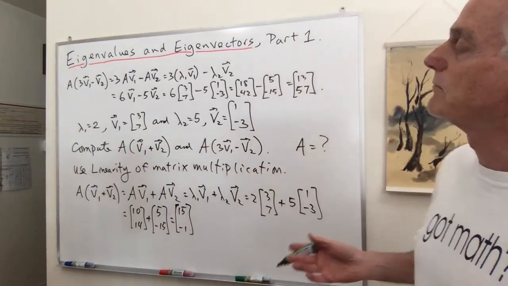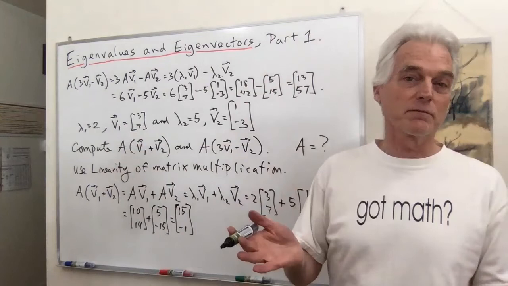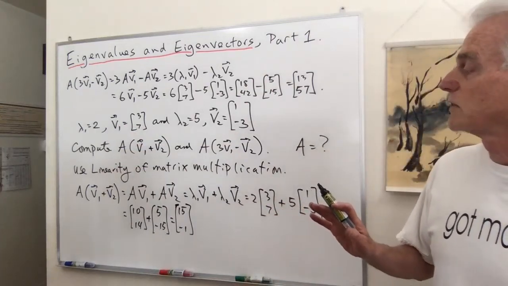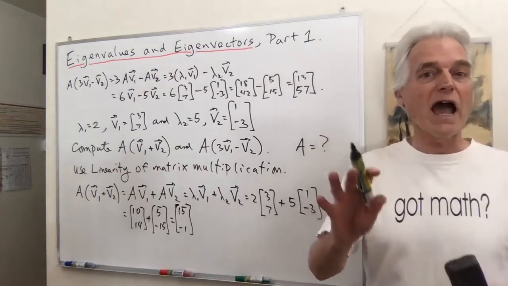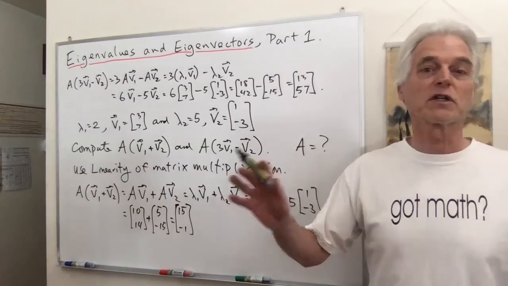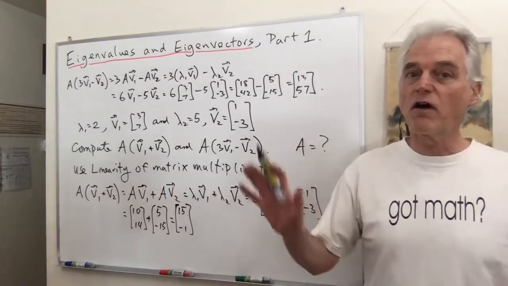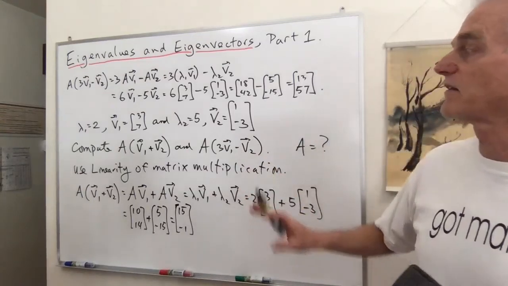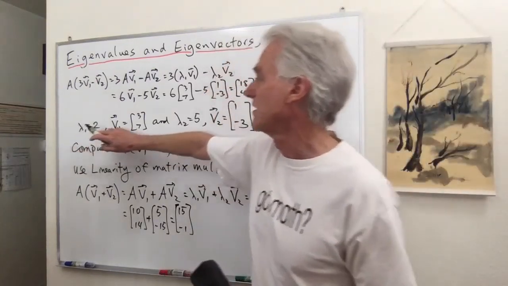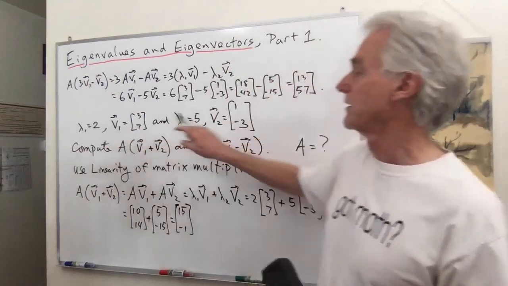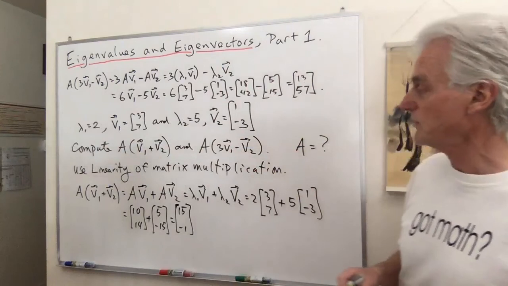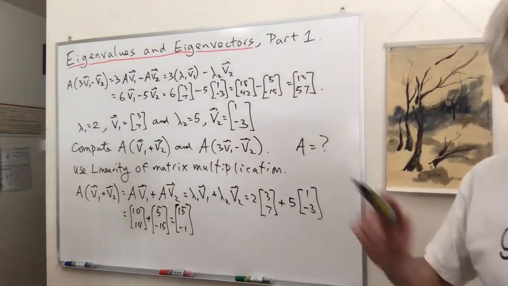Well, next time, I'm going to talk about the important topic of how to figure out what the eigenvalues and eigenvectors of a given matrix are. Right? So far we've just used the fact that somebody tells us that we have an eigenvalue eigenvector pair and another one for this matrix and figure out what happens. All right. Well, goodbye.